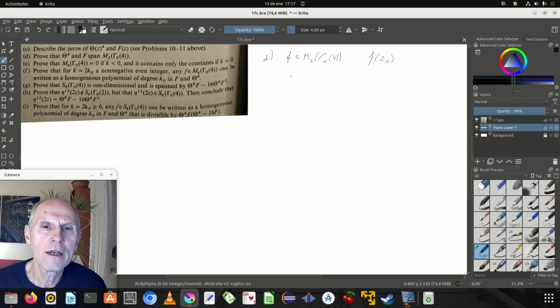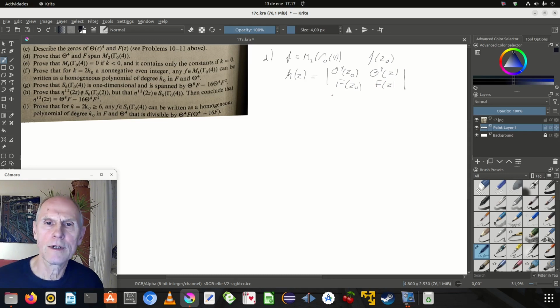And then we can define a function, so it's a linear combination of theta to the 4th and f. And of course, when z equals z naught, then the determinant vanishes.